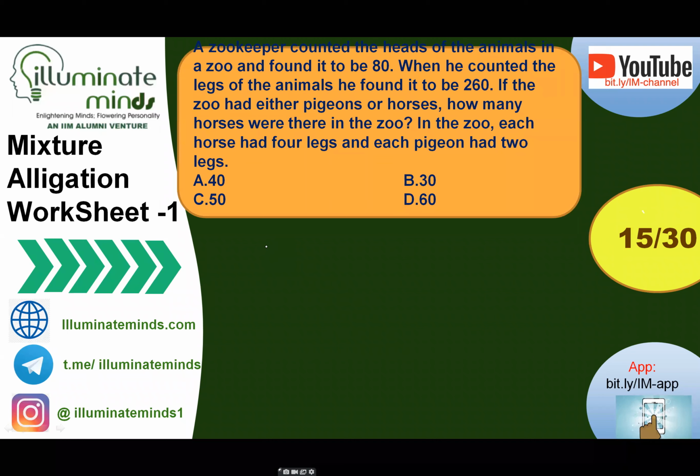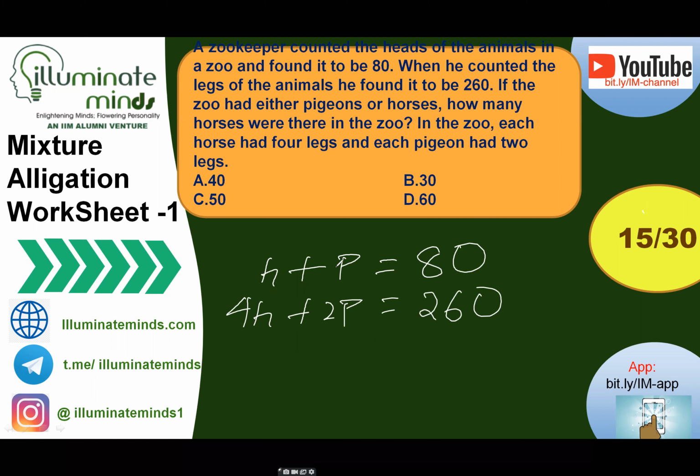So number of heads. We can go with the equation formation again. Horse plus pigeon is equal to how much? Just a minute, guys. 80. Horse plus pigeon is equal to 80. Then 4h plus 2p is equal to 260. Almost the same stuff. This will become 160. Subtract it.